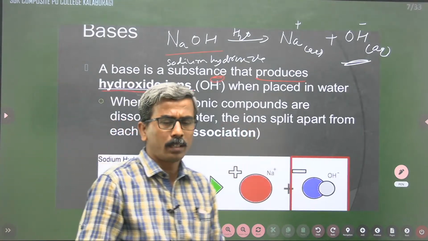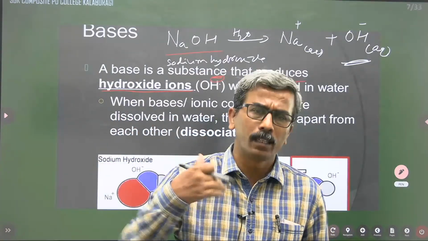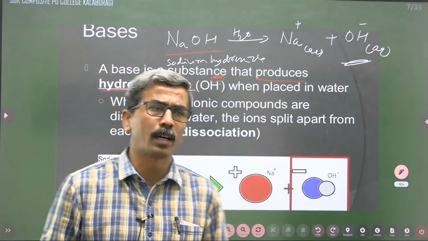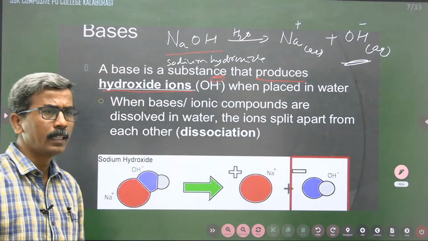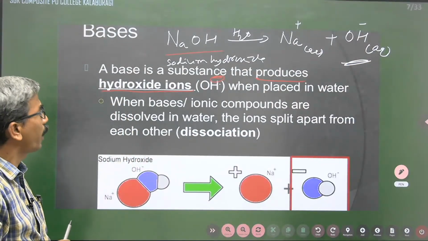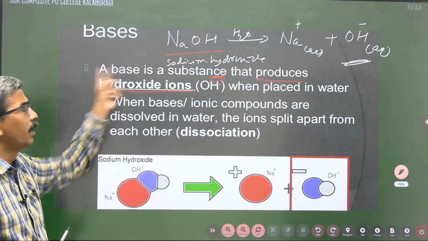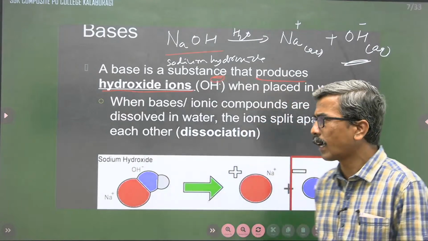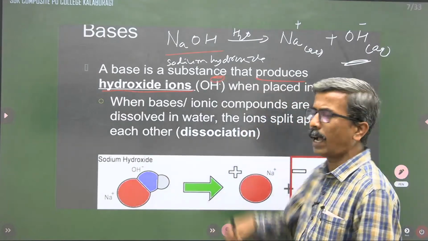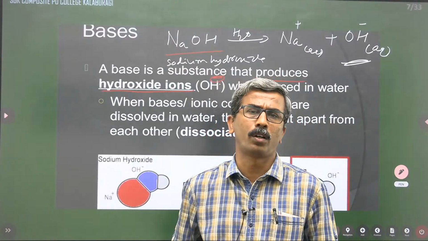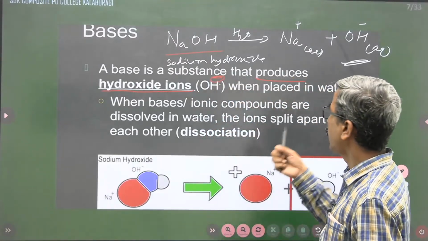This is once again the same scientist, Arrhenius, who defined what acids are, and who has given the meaning of bases. According to him, a base is a substance that, when added into water, produces OH minus ions.